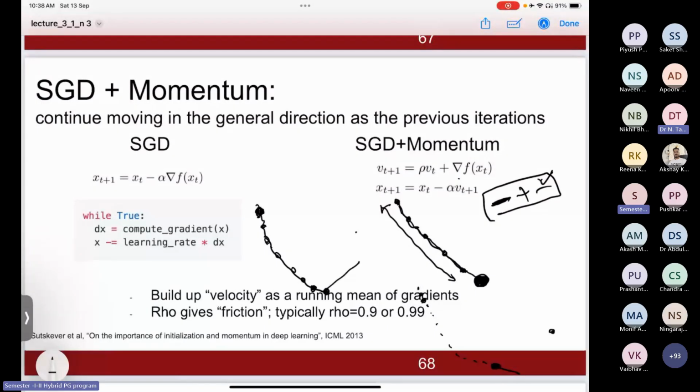It may divert, but maybe only till this point, and again you can come back here. So your diversion will be lesser compared to the case where you have gradient noise. So this is for overcoming the gradient noise issue.